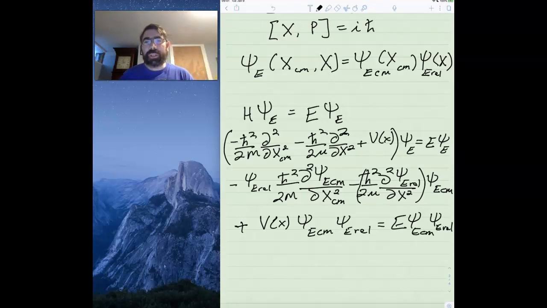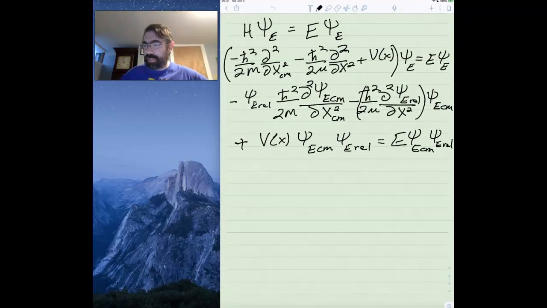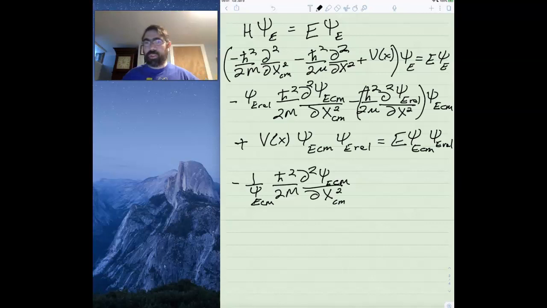Okay, so we can do the same thing now, where if we divide both sides by the product of those wave functions, what we would get is minus 1 over E relative, h bar squared over 2 capital M. Sorry, let me change this up. So this would be E center of mass, like so.